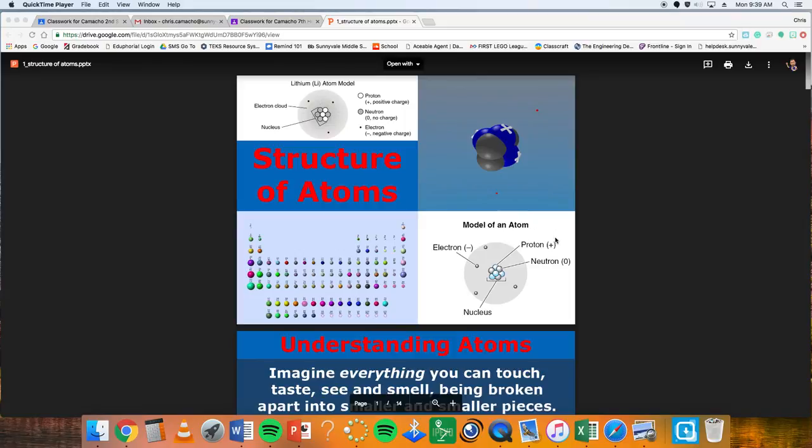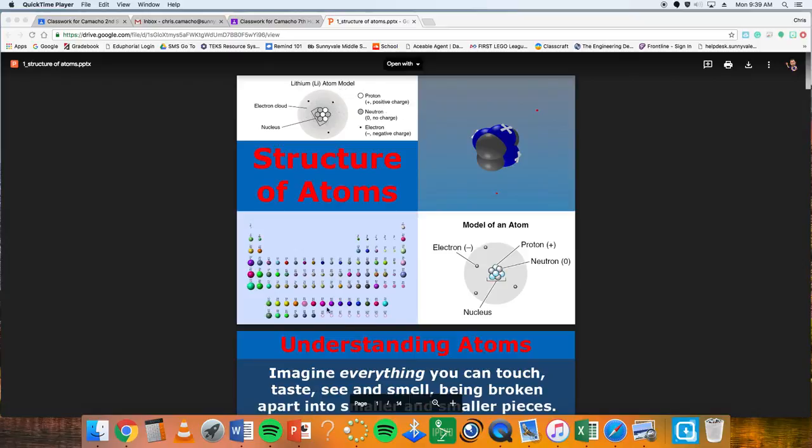It's 8.5A. It's our first TEK we're going to be working on, and it is atomic structure. Describe the structure of atoms, including masses, charges, and locations of protons and neutrons in the nucleus and electrons in the electron cloud. So you can kind of see that up here if you're looking at a lithium model.